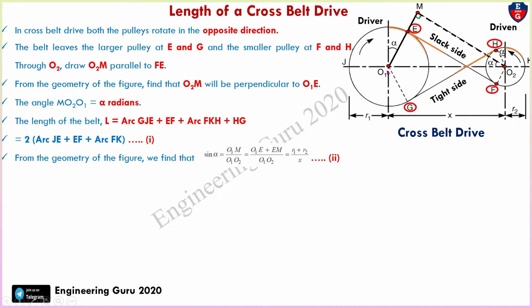And O1O2 is x. So we can simply write R1 plus R2 divided by x, and this is our equation number 2.